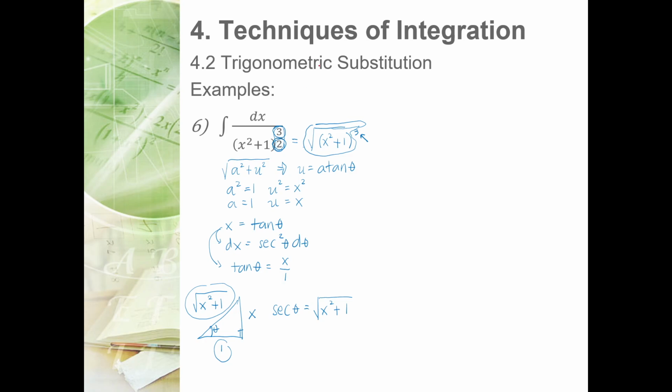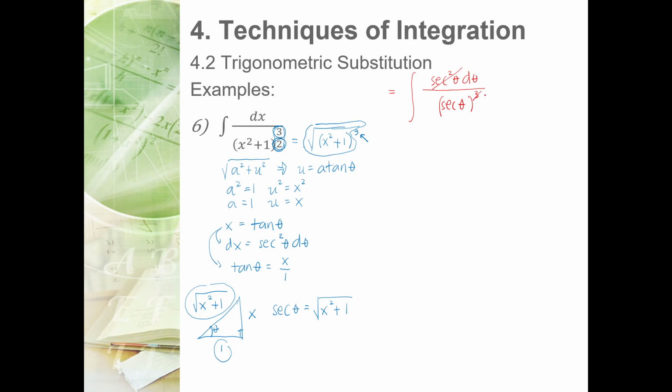So since we are done declaring different stuffs, this is the next step, substitution. So secant squared theta d theta. So again, instead of to the power of 3 halves, since we have here square root of x squared plus 1, this becomes secant theta, then cube, di ba?